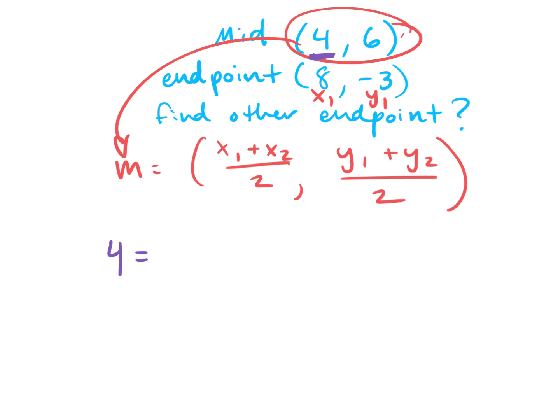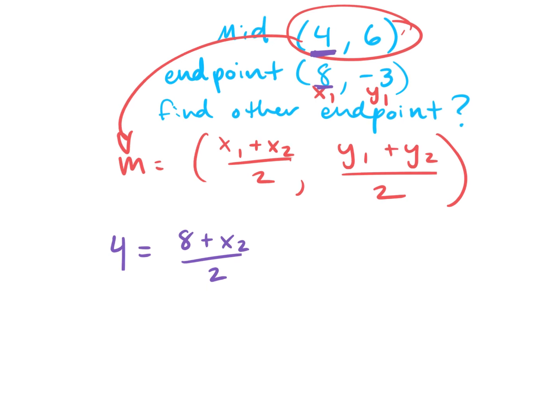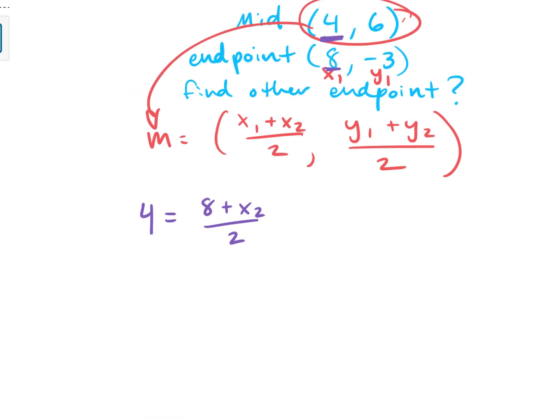So 4 is equal to x1, we said was 8, plus x2 over 2. Our formula gives us the midpoint, but we started with the midpoint, so we're going to plug that in and find our x2. I'll solve this one out, and then we'll find the y's next.